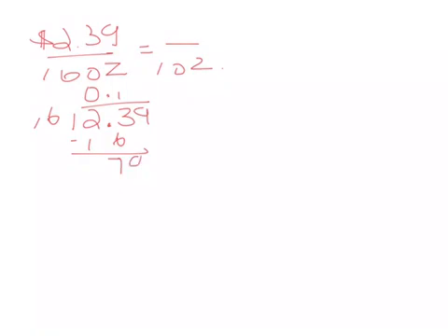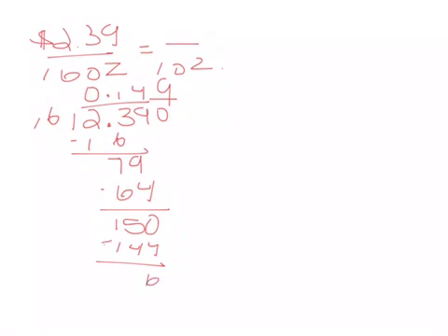I bring down my 9. 16 goes into 79 4 times. 4 times 16 is 64. I subtract and I get 15. I add a 0 and bring that down. 16 goes into 150 9 times. 16 times 9 is 144, and I subtract it and I get 6.